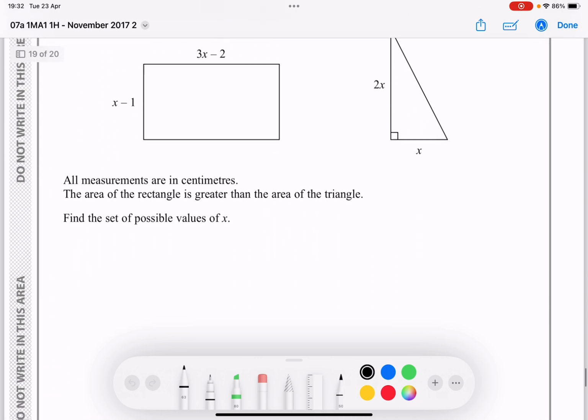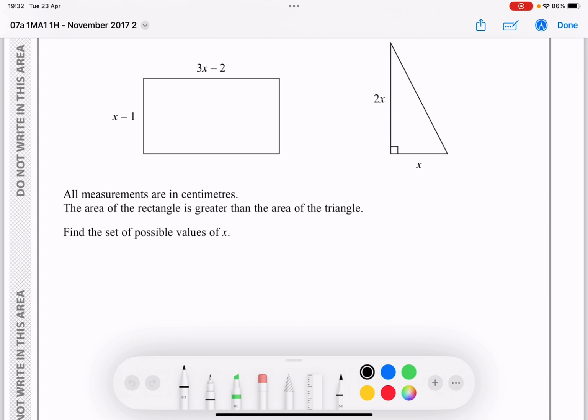Okay, I've got an area question. So area of a rectangle, base times height. So in this case, I've got x minus 1 times by 3x minus 2. You could use a grid, just going to do it this way.